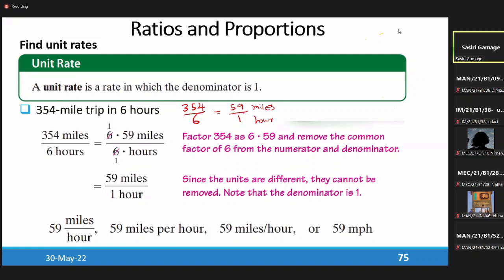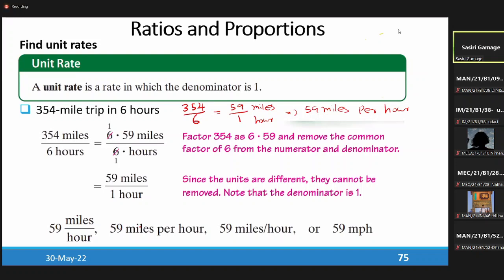Then the idea of this is 59 miles per hour. Then we can write it in this form, 59 miles per hour.